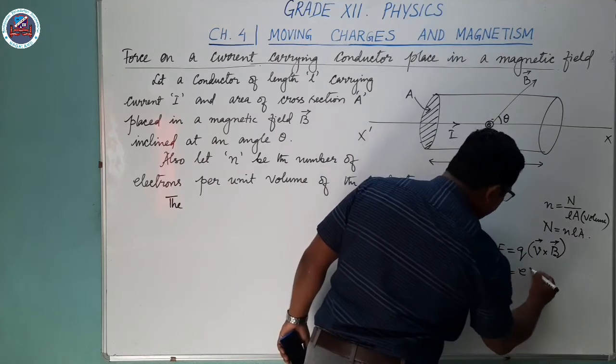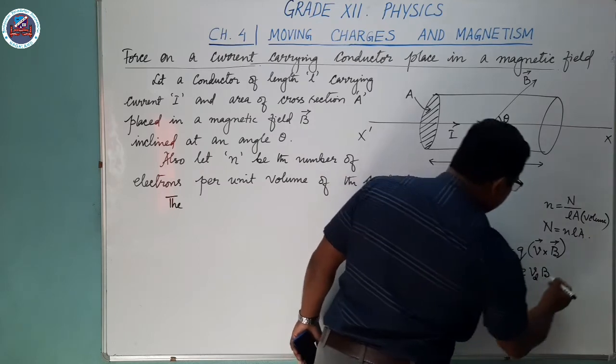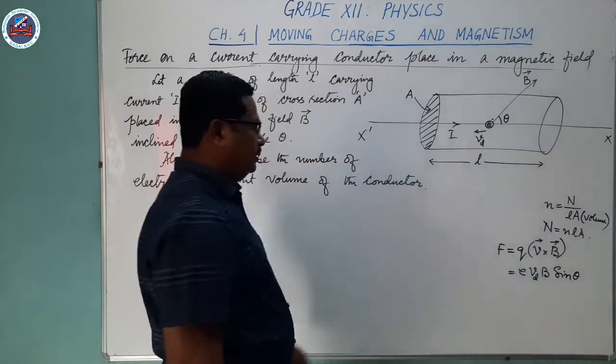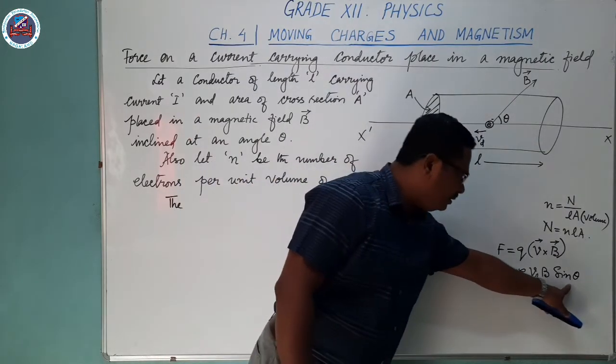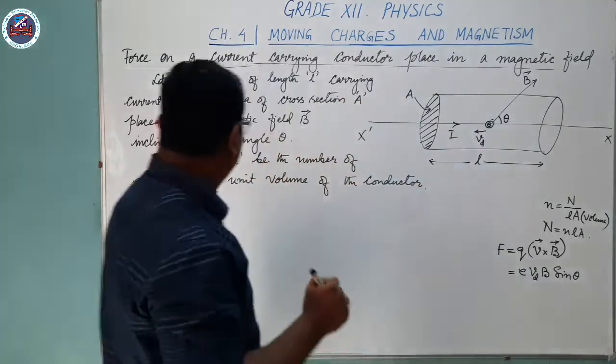The velocity will become the drift velocity Vd, the magnetic field will remain as it is, and sin theta will come because it is a cross product. So e Vd B sin theta will be the force experienced by one charge.